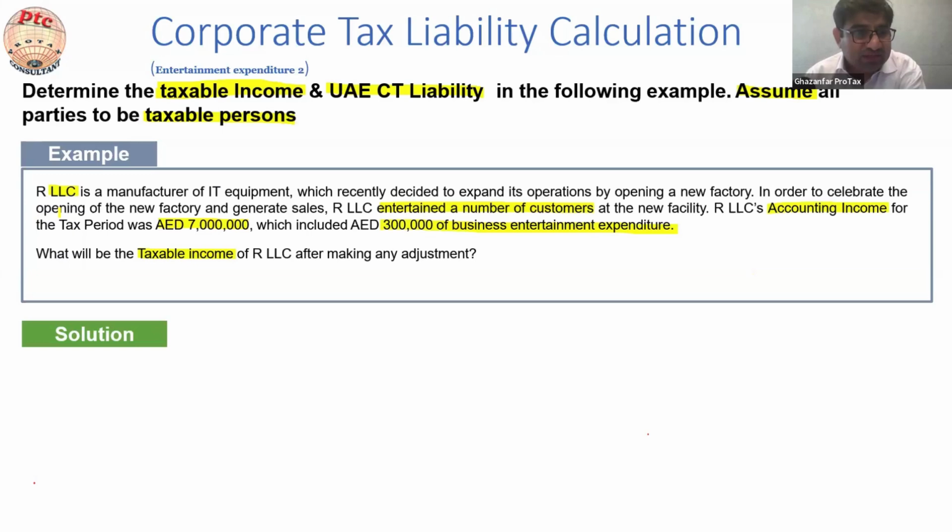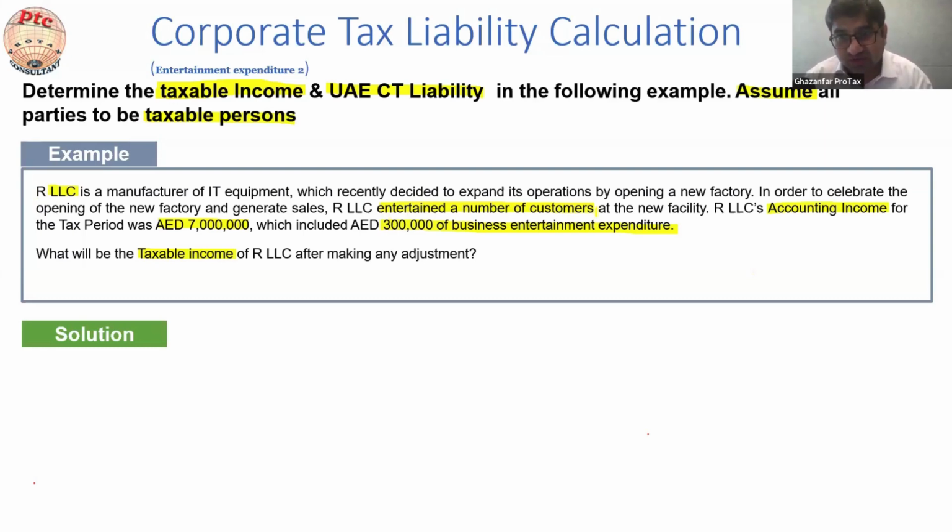Okay, guys. Most of the people have already answered, and I believe it is appropriate. Here the key point I just asked: we already agreed that an LLC company is a juridical person. Please mute yourself. And the second key point is that it entertains a number of customers.